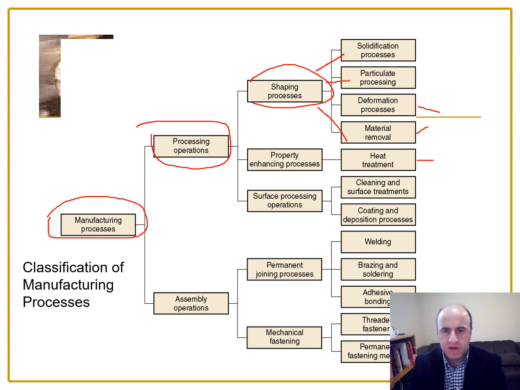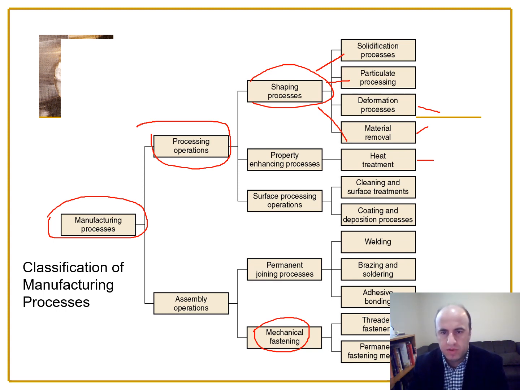Then we have a surface processing operation, which is cleaning and surface treatment. And then we have coating and deposition processes. In the assembly, we have permanent joining, and then we have mechanical fastening. Mechanical fastening is normally called non-permanent joining processes.